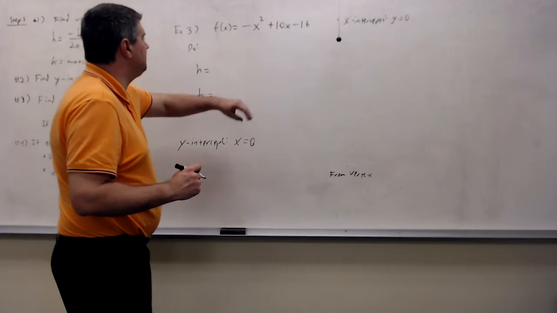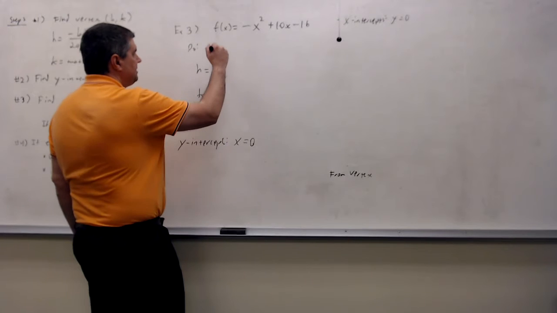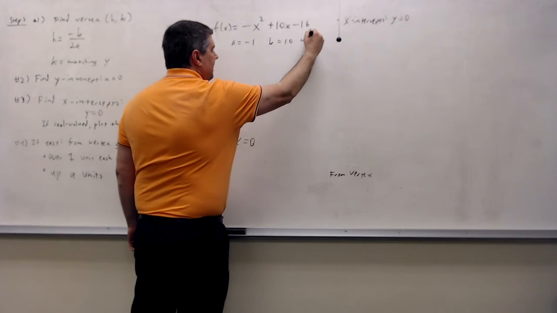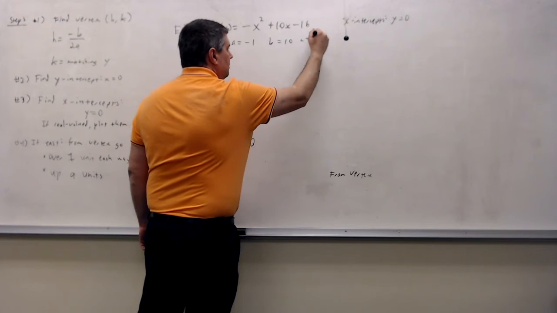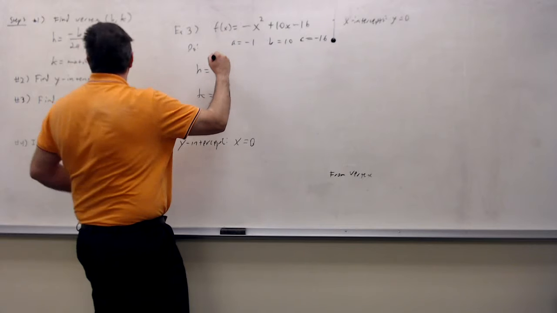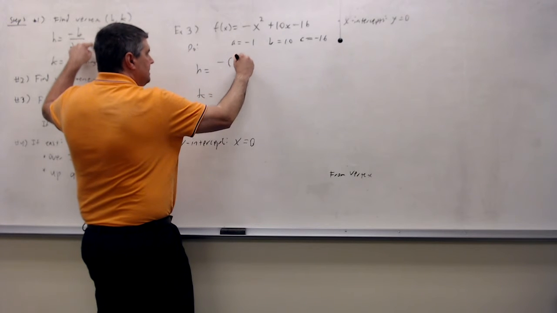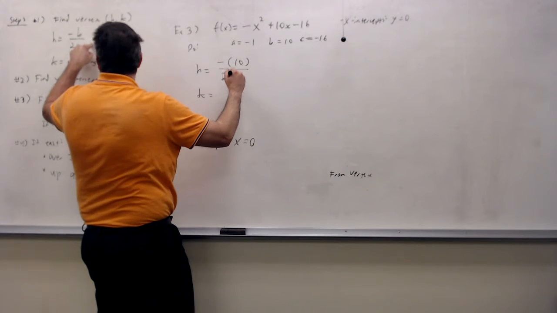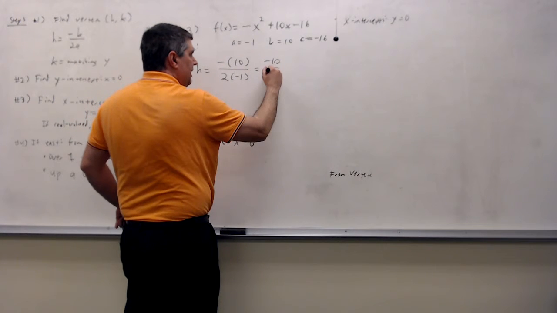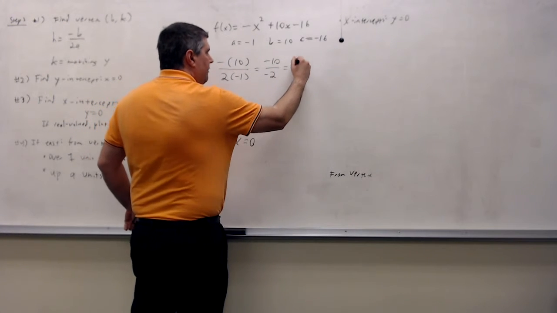f of x equals -x squared plus 10x minus 16. So A is -1, B is 10, C is -16. So H equals, per this formula, -10 over 2 times -1. So -10 over -2 is 5.